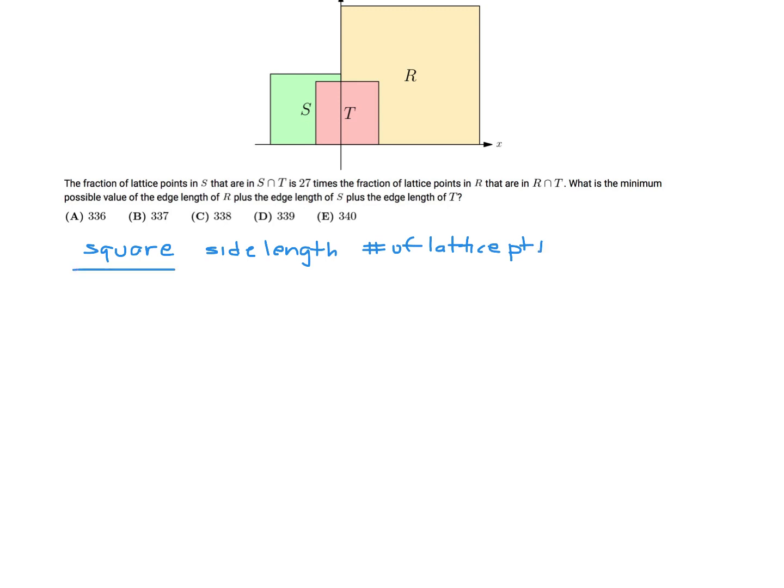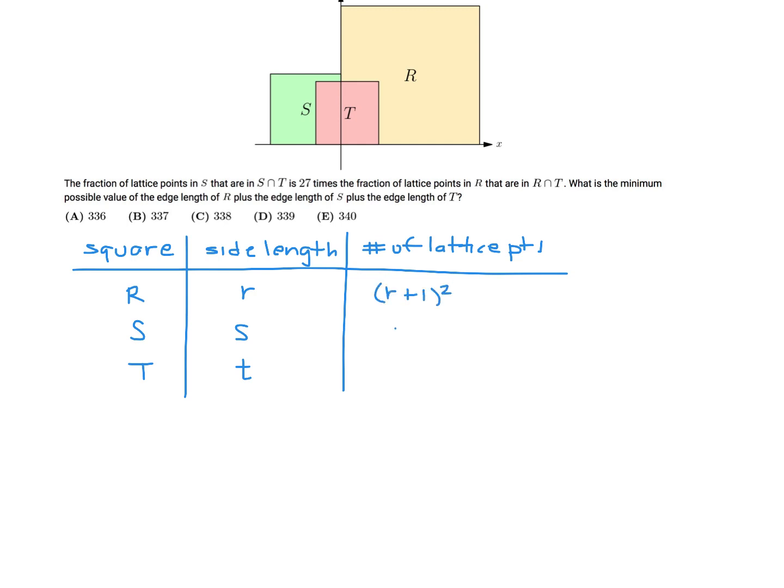The squares are R, the big one, and then S, and then T. For the side lengths, we'll keep it simple and call them r, s, and t, lowercase. And then the lattice points are r plus 1 squared, s plus 1 squared, and t plus 1 squared.